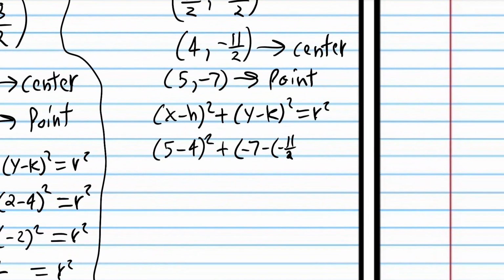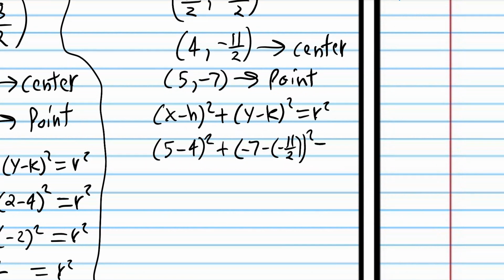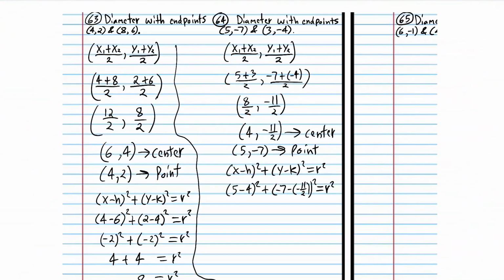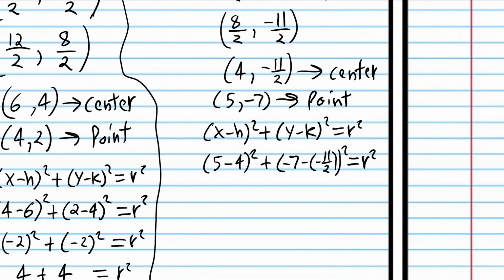I need to focus in here. And we're using that information to find r squared. Just make sure I got that right. Looks right. So 5 minus 4 is 1.